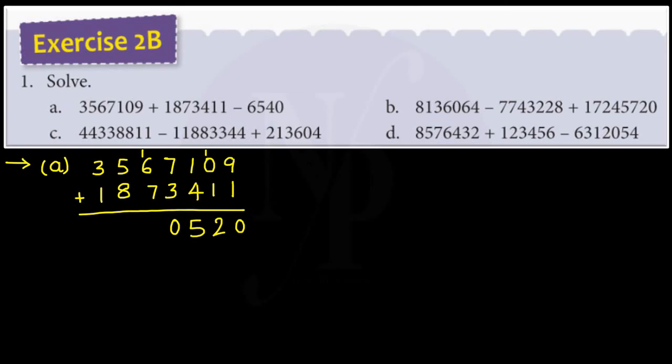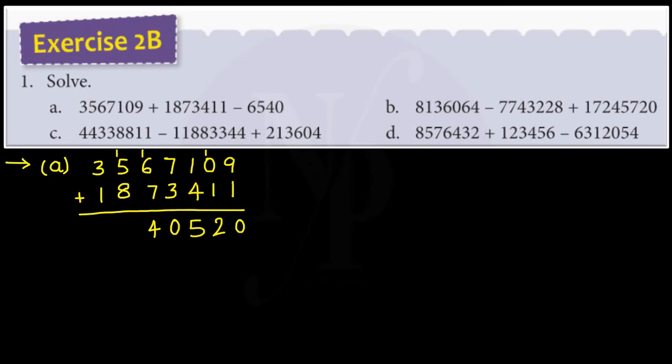1 ten thousand plus 6 ten thousands is 7 ten thousands. 7 ten thousands plus 7 ten thousands is 14 ten thousands, which is regrouped as 4 ten thousands and 1 lakh.